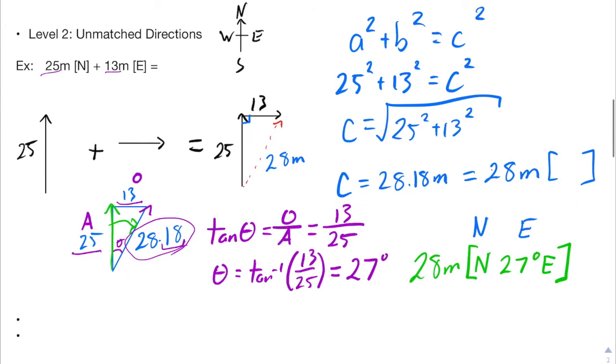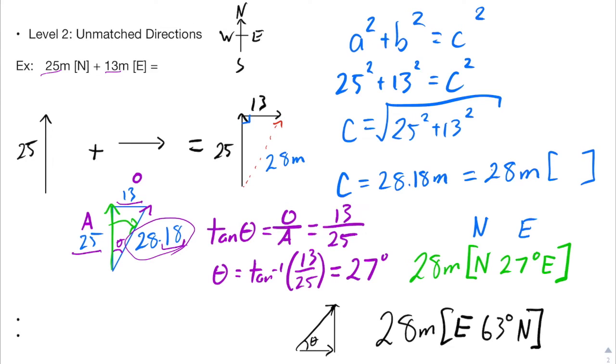In this situation, there is actually another right answer. If you drew your picture with the 13 first and the 25 after, your angle would actually be in here. In that case, you would find your answer is 28 meters east because you started from east and then you moved 63 degrees towards the north.